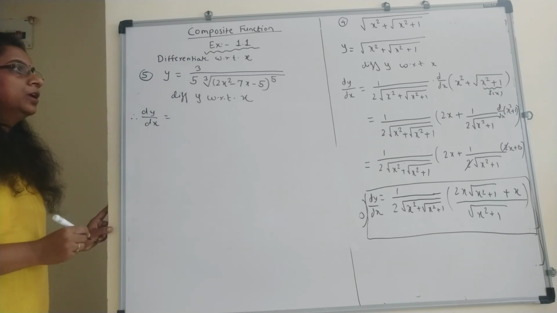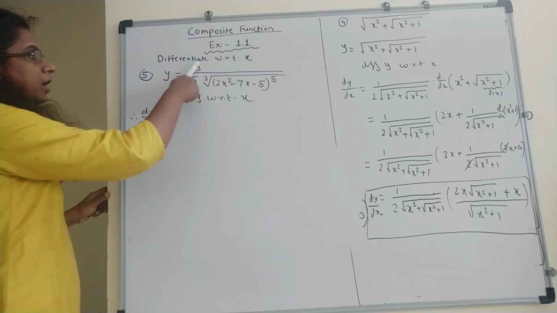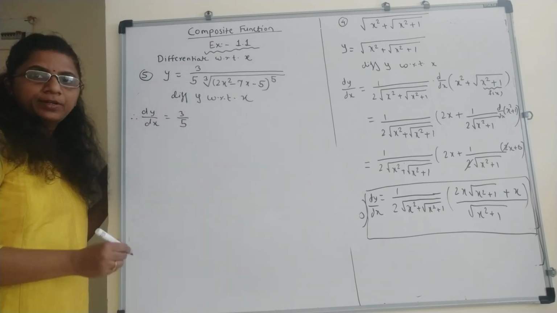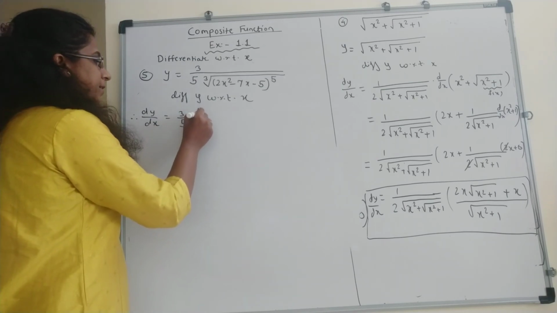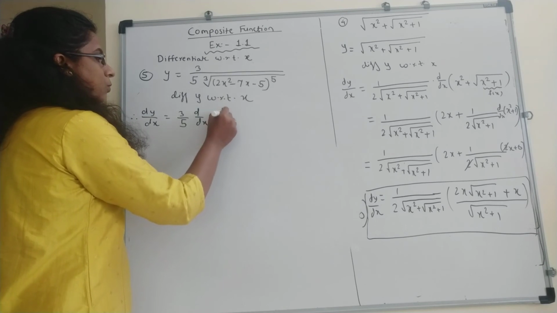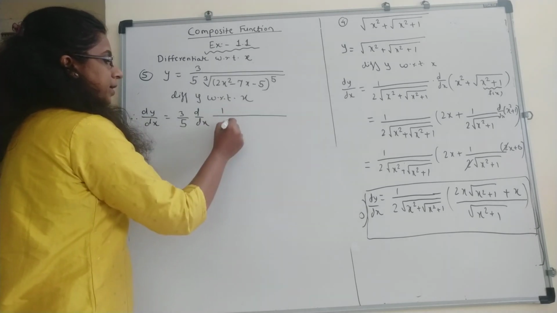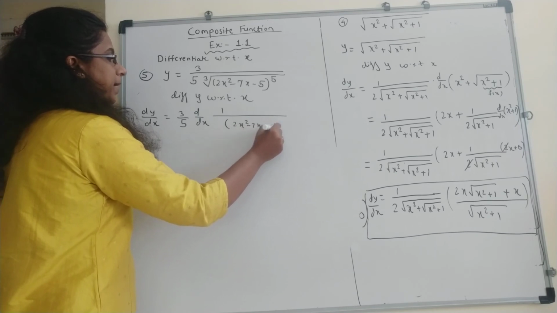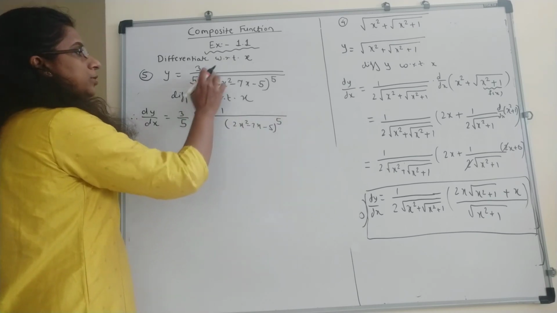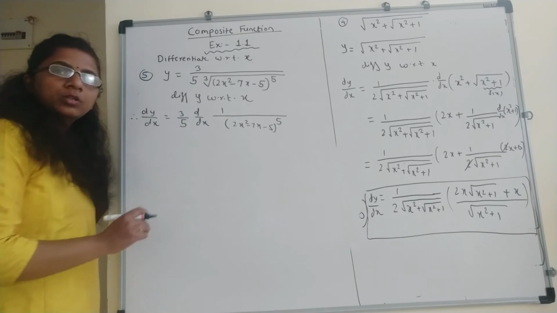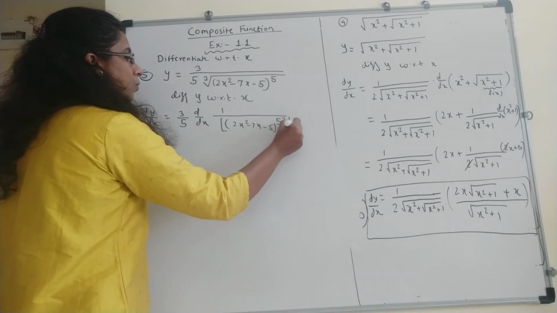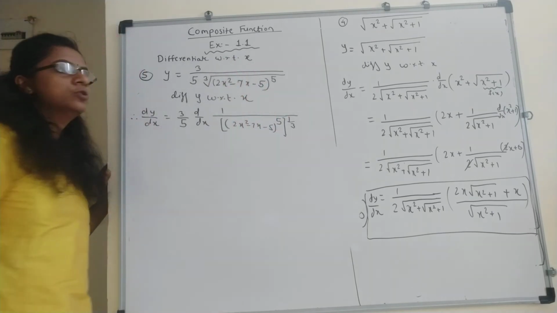Now see here, in this case 3 upon 5 is a constant term, so we will take it outside, multiplied by the derivative of 1 upon 2x square minus 7x minus 5 bracket raised to 5, and the outer function is third root. You know third root means it is raised to 1 by 3.